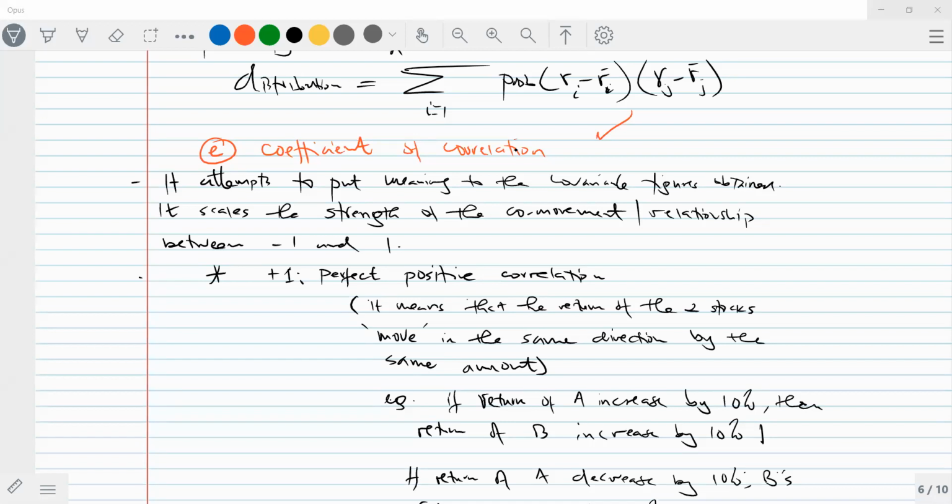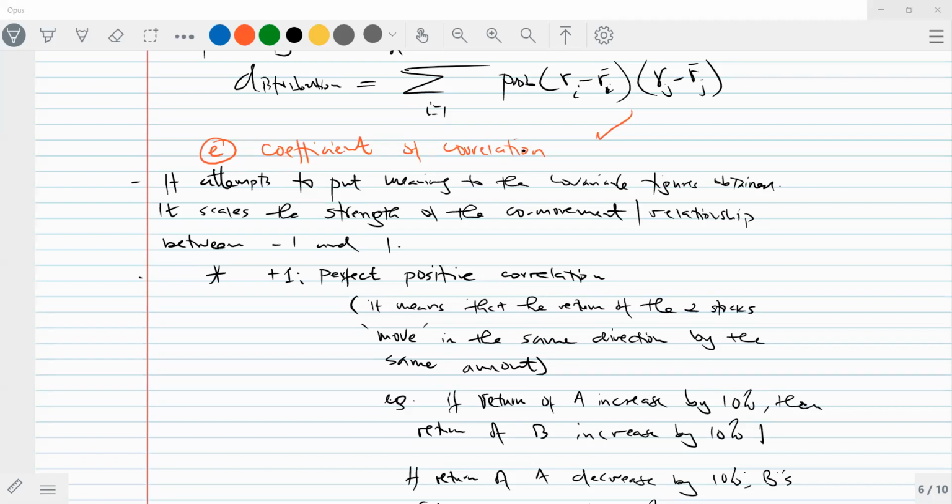This is called perfect positive correlation. If the correlation is negative, then if the return of A is increasing, the return of B is decreasing. If A is increasing by 10%, then B is decreasing by 10% also. I think we did discuss all these.